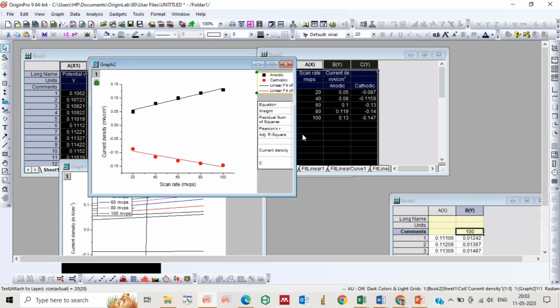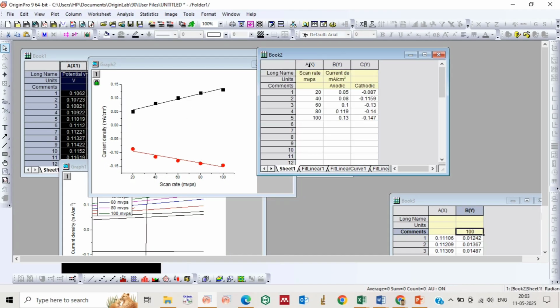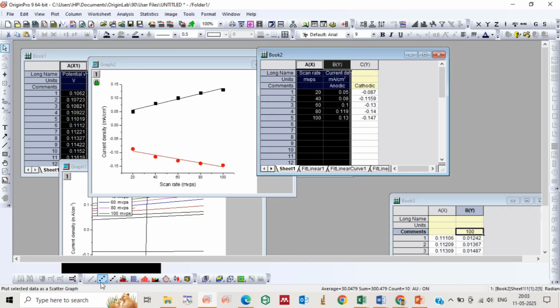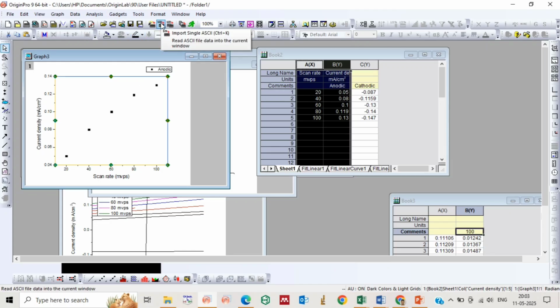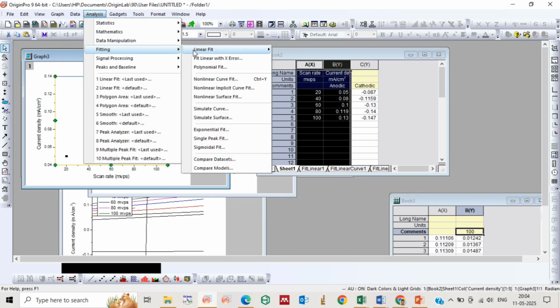Now we need to obtain the R square value. So for that we need to plot both the graphs separately. So let's plot this and go to analysis, and we need to fit it similarly.